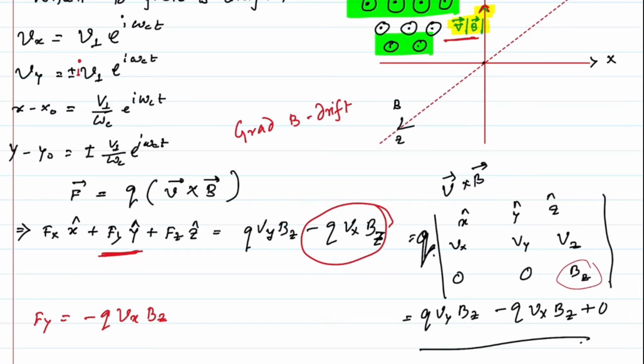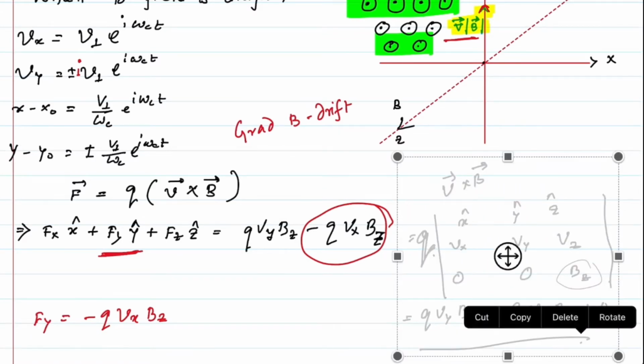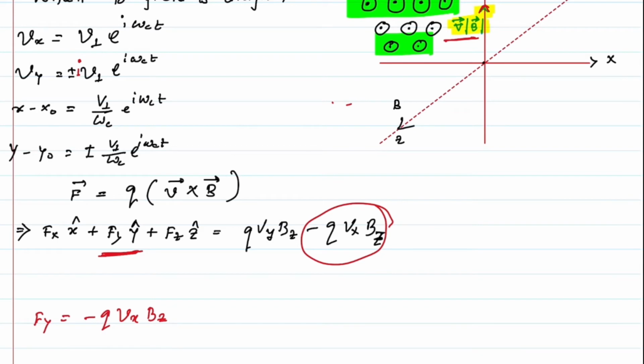so let me clean this part here. Okay, also this part. Now you see, we know that e to the power i omega_c t is equal to cos omega_c t plus i sin omega_c t.